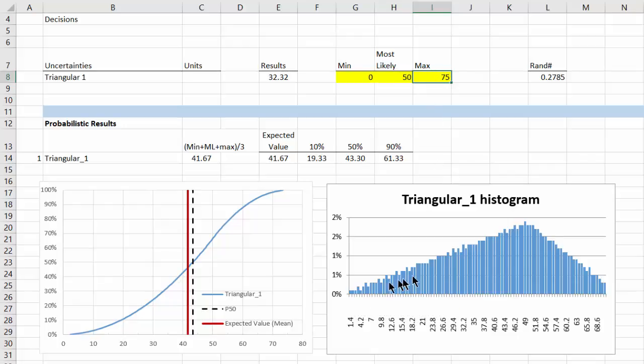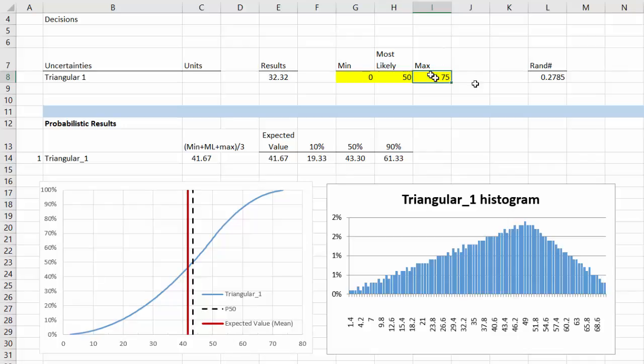We can see the distribution of the triangular has changed. It's now not symmetric. And we can also see that the P50 right there and the expected value are different numbers. In this case, the expected value is less than the P50.